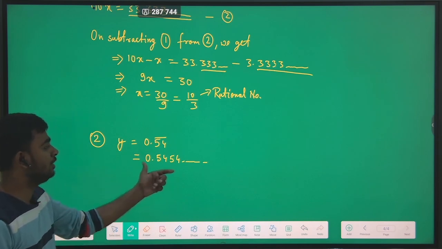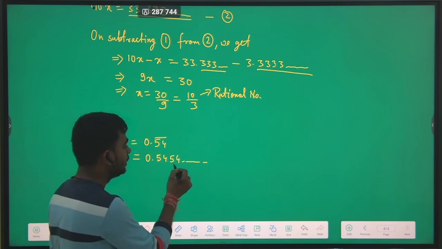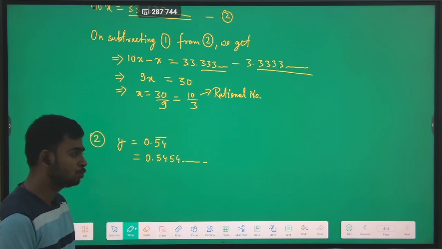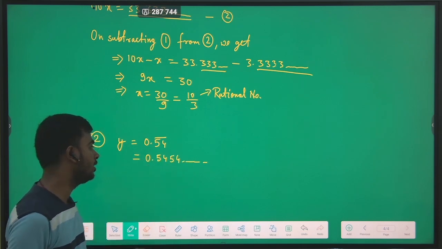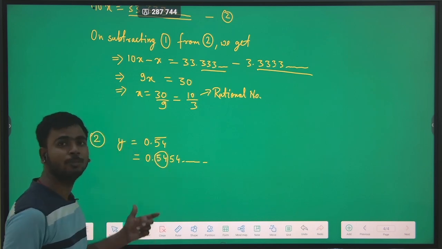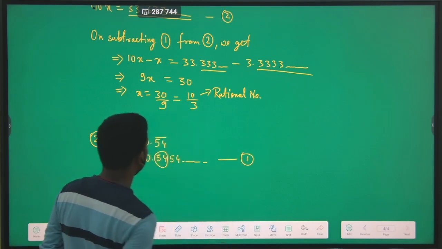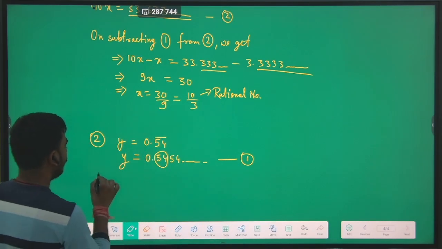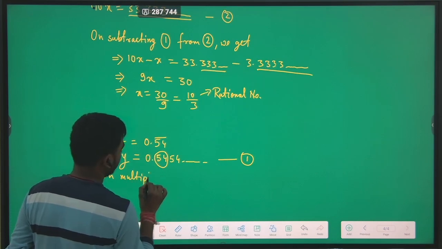So what we have to do is make this 54 the common part. To get 54 again in the decimal part, we have to multiply by 100. On multiplying 100 times, let us suppose this is our 1.